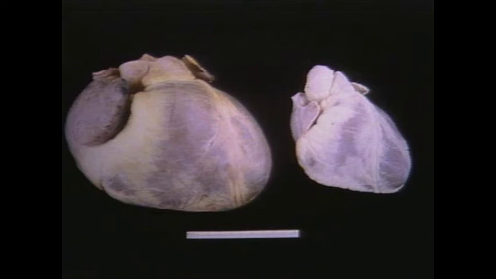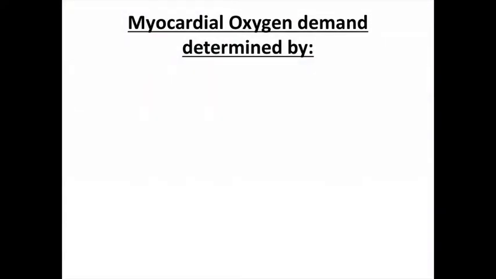The muscle's going to be weak, so the contracting's not going to be very effective. And the demand on that thing, right? The myocardium is going to need a lot of oxygen, and most likely it's not going to get it. So myocardial oxygen demand is determined by, first, how much muscle mass there is.